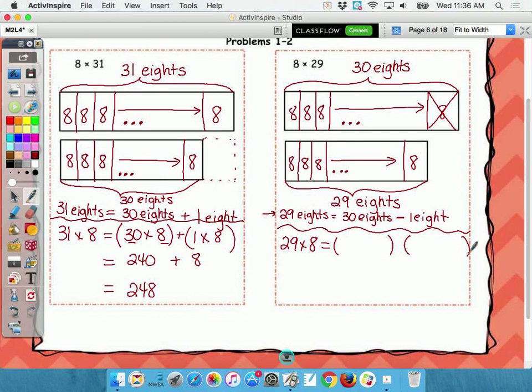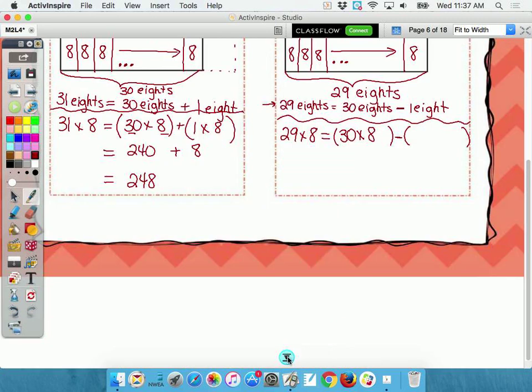Add or subtract? Subtract. So I've got 38 times 8 minus 1 group of 8. And 2 more equal signs.